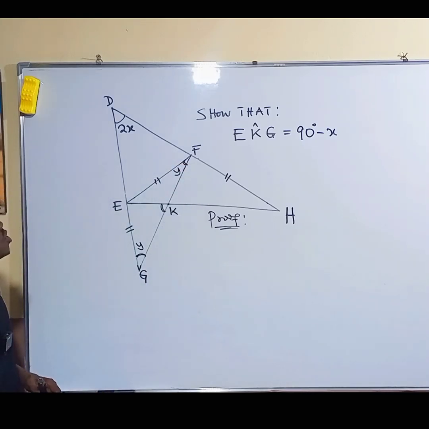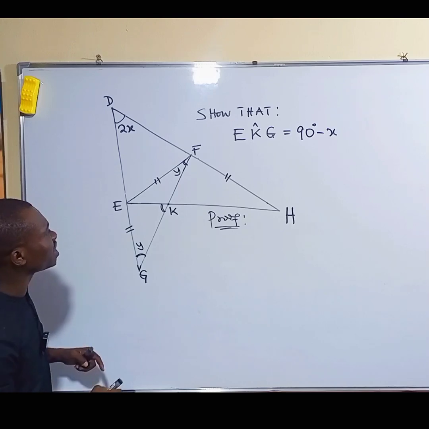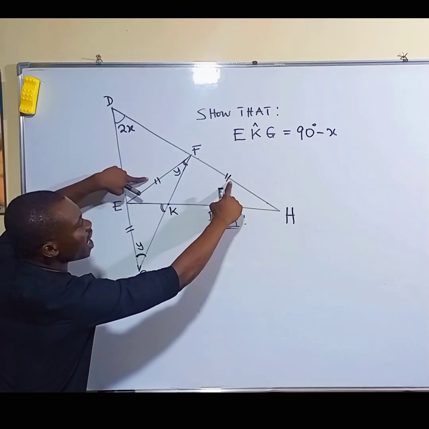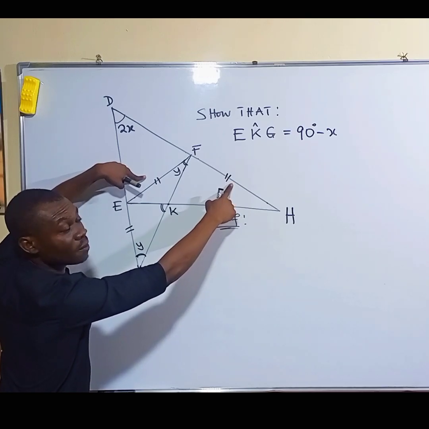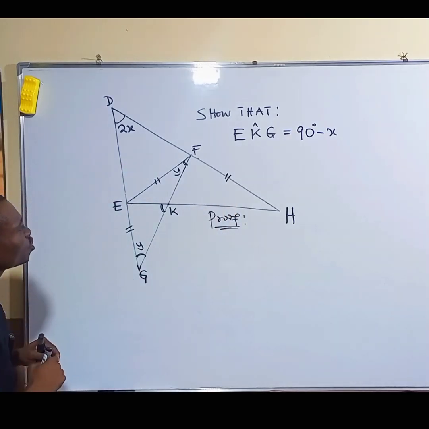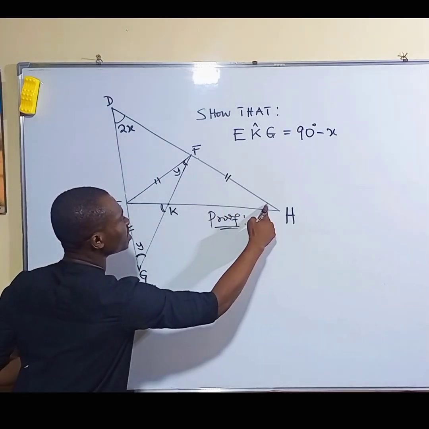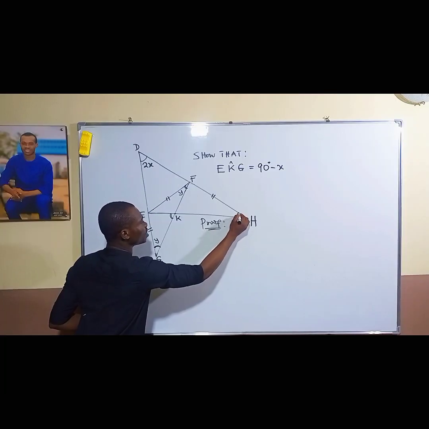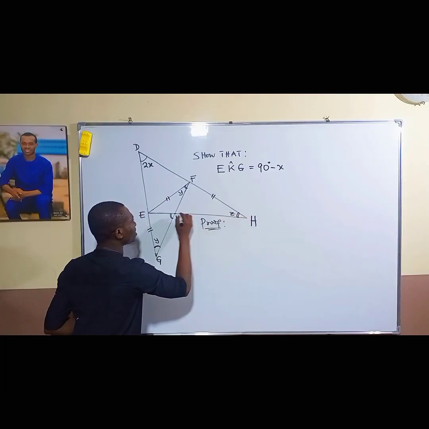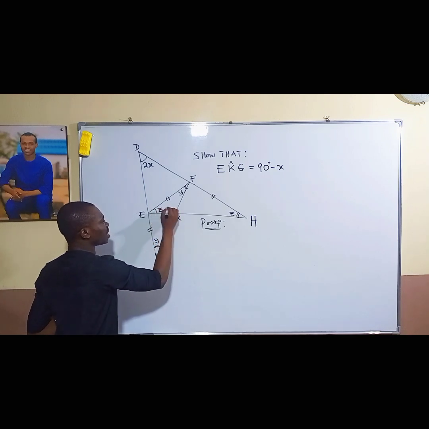What again we are told is that these other sides are also equal, so these other base angles are also equal. Let me call this one angle Z.